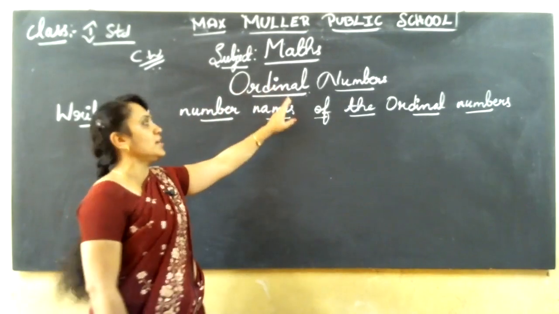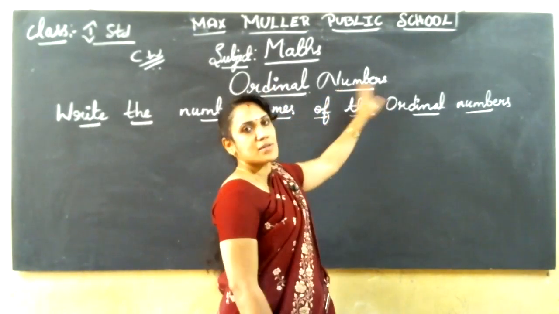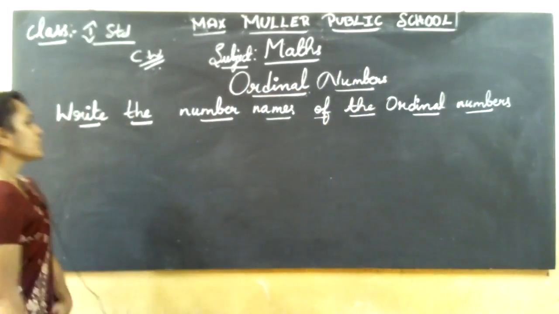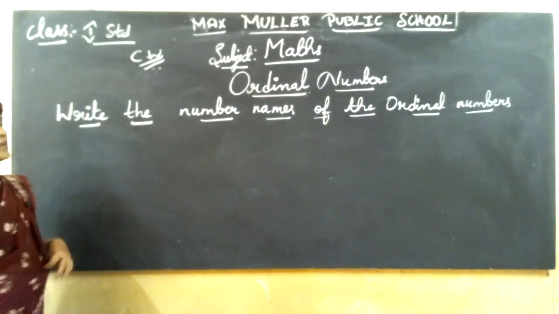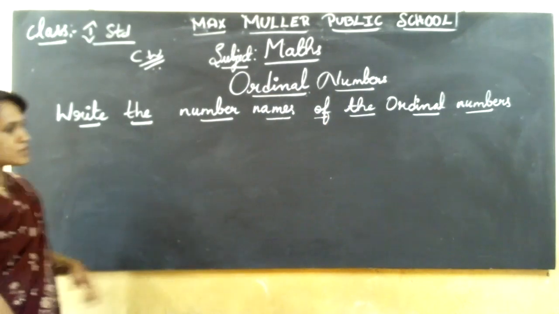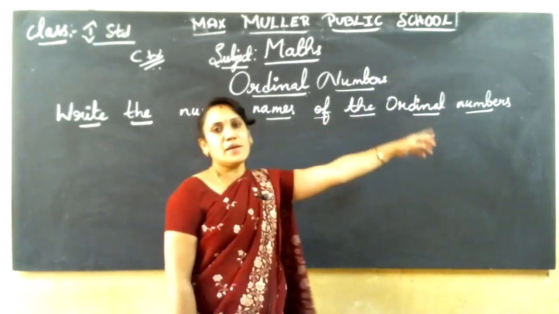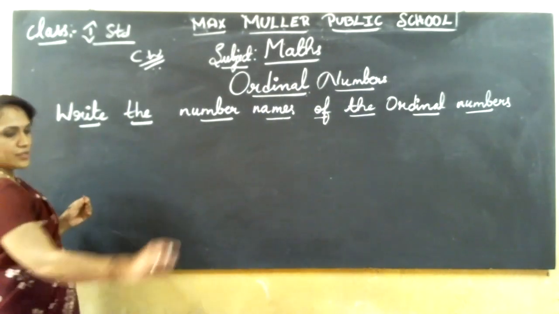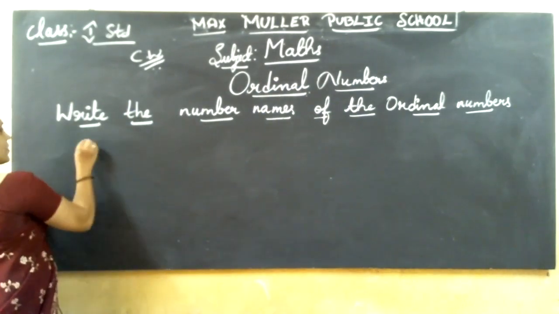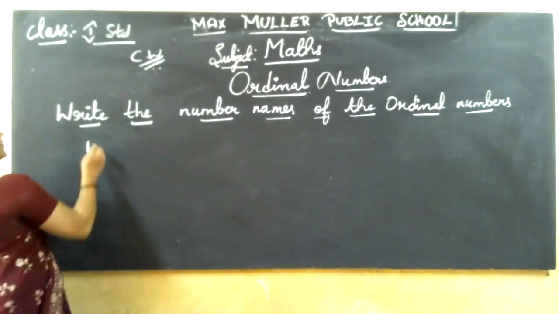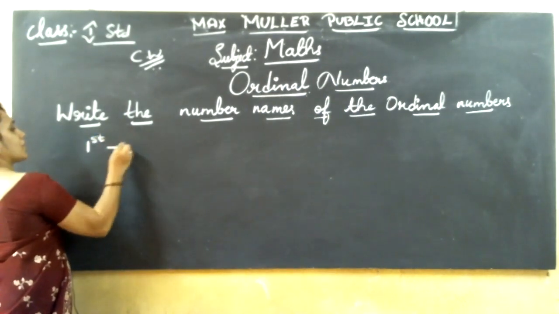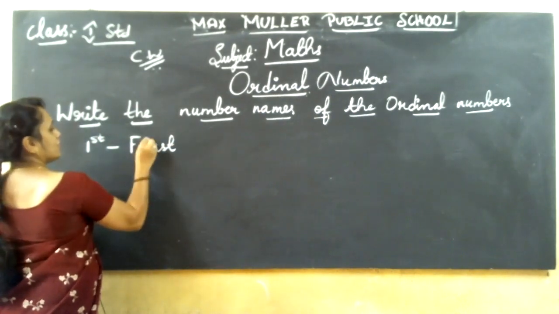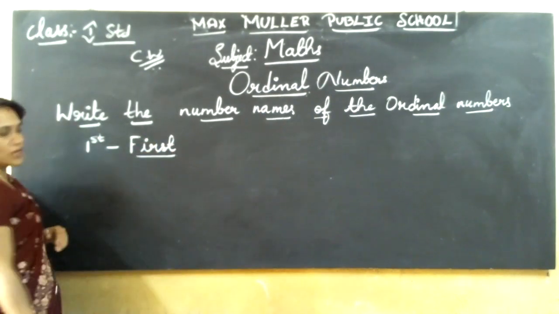ORDINAL. Ordinal. NUMBERS. Numbers. Ordinal numbers. Okay. Then write the heading: write the number names of the ordinal numbers. Okay, number names, right? So, first, FIRST, first. Number names we should write.